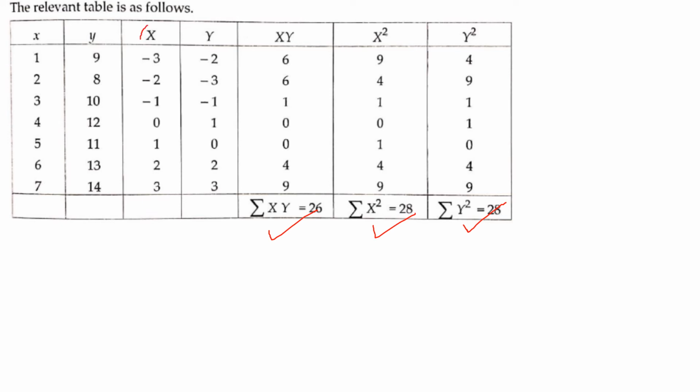Here is how we found capital X, x minus x bar, that is x minus 4. If you go on doing x values minus 4, because x bar was 4, that is 1 minus 4, 1 minus 4 is minus 3. 2 minus 4 is minus 2. 3 minus 4 is minus 1. 4 minus 4 will be 0, and so on.